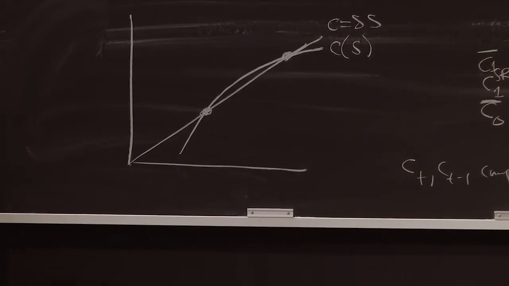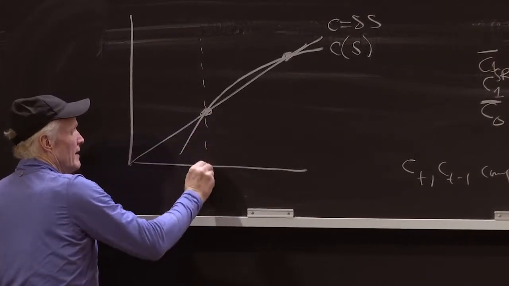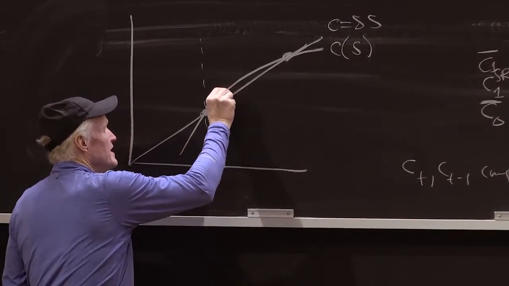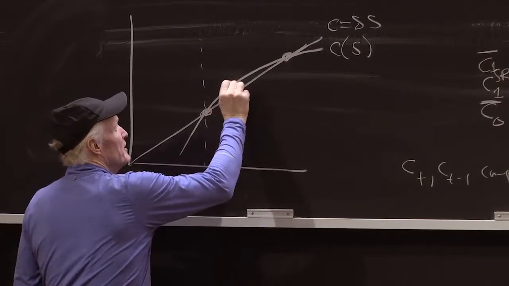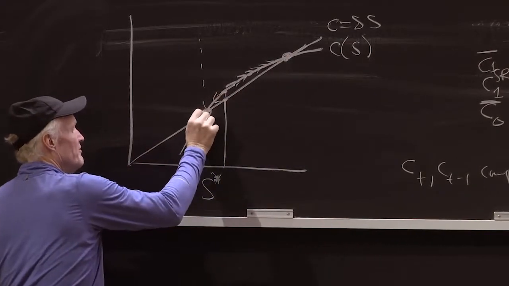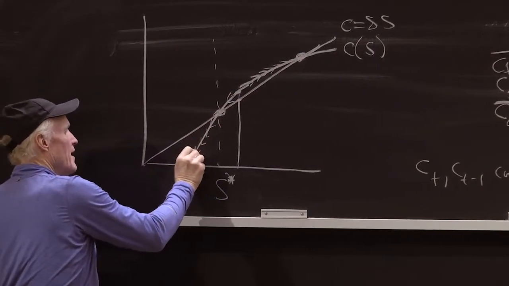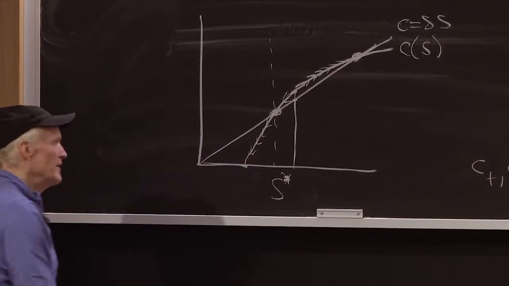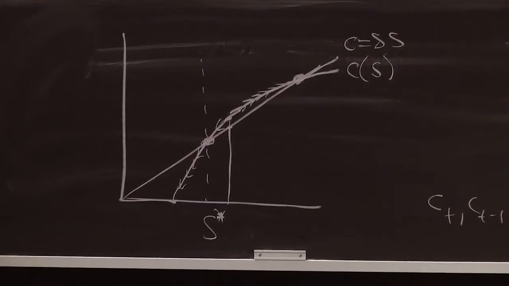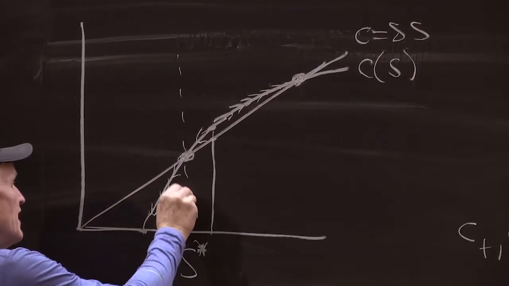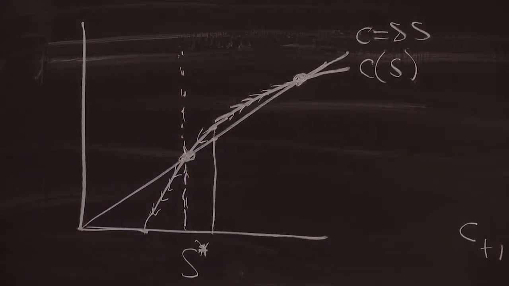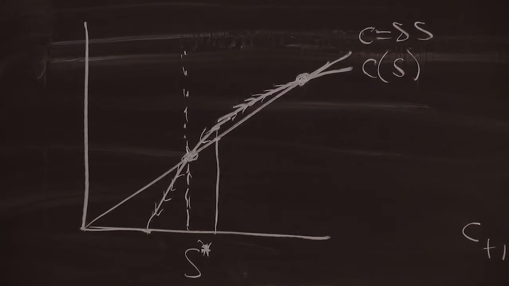If you start to the right of S star, then consumption is going to exceed depreciation, and you're going to move to the right. And if you start to the left of here, you're going to go down and eventually quit. So that would be an example of what we call an unstable steady state. That is, depending on whether your stock starts above or below this critical level S star, you're going to go up if you start above, you're going to go down if you're not.